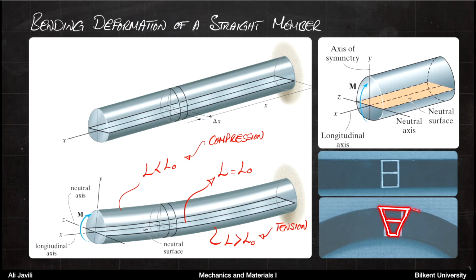So when you bend it like that, the outer surface here gets longer than it was originally. The inner line gets compressed, so it gets smaller than it was originally. And then somewhere in between, you would have that line or that surface where it doesn't change its length, and we call that the neutral axis. Or if we look in the other direction, we call it a neutral surface.